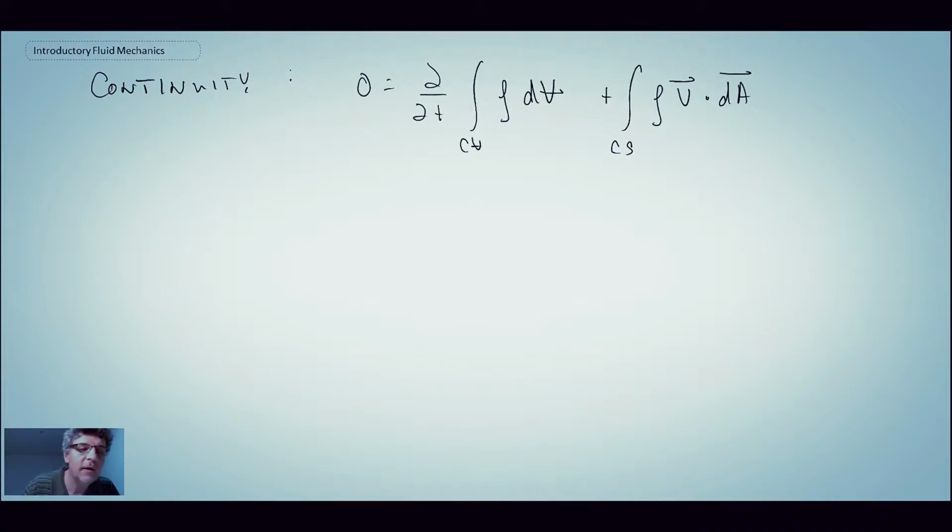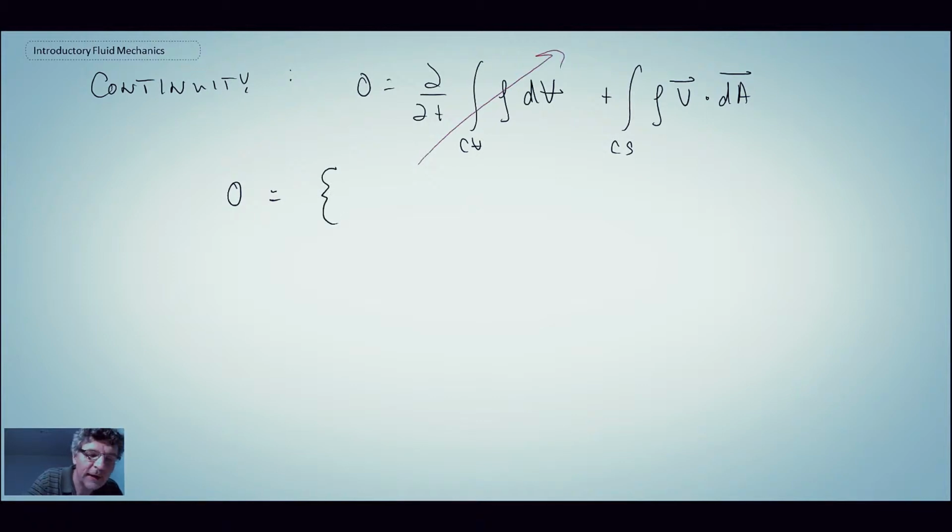So that is the continuity equation. We're dealing with a steady flow, so that term disappears. And what we're left with is just the mass flux across the control boundaries. So for the input and the exit, we have to be a little careful with the sign of that.